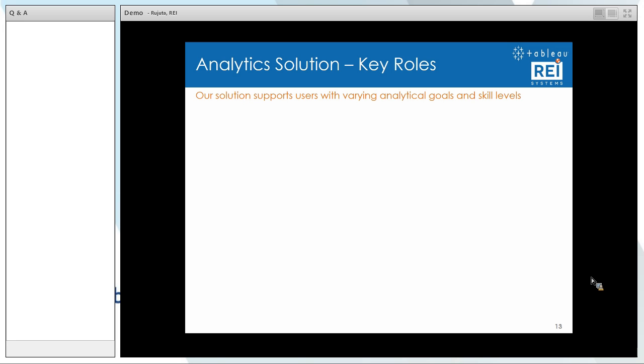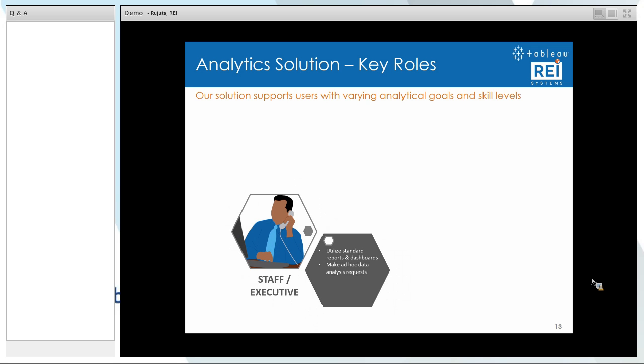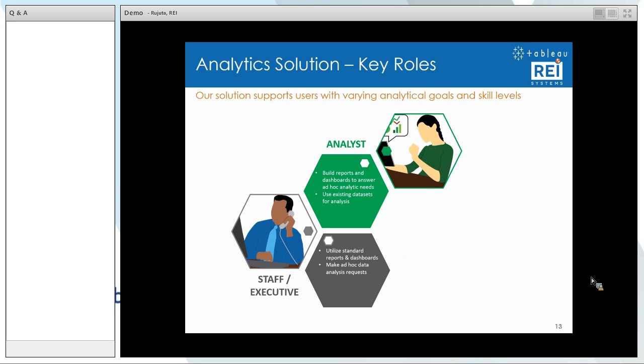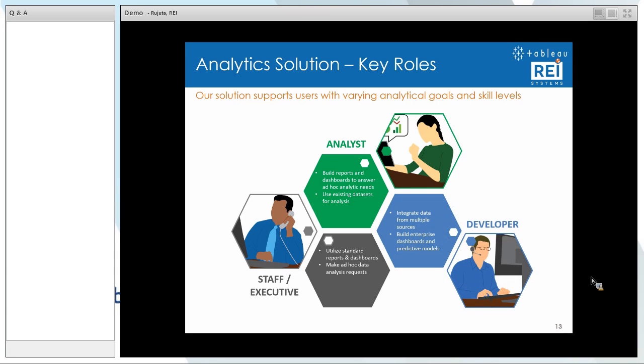Implementation of an analytics solution includes two major aspects, the framework and the user base of the agency. How can one solution cater towards the varying business needs and different user sophistication levels? Our solution supports staff members of an agency along with the managers and executive members, as well as analysts and developers.